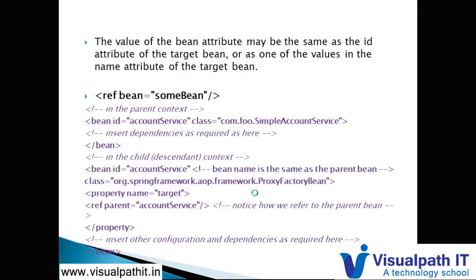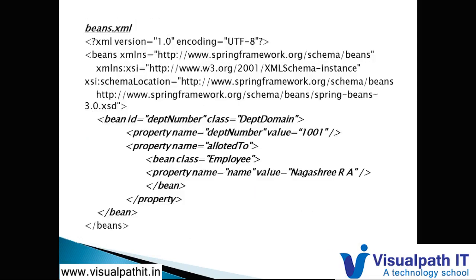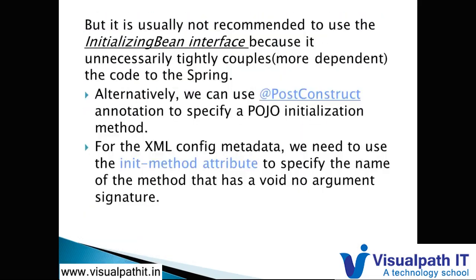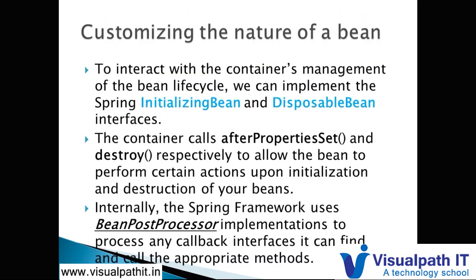So what is happening here is, when we talk about customizing the nature of a bean, there are two interfaces which we talk about: the InitializingBean and the DisposableBean interface.